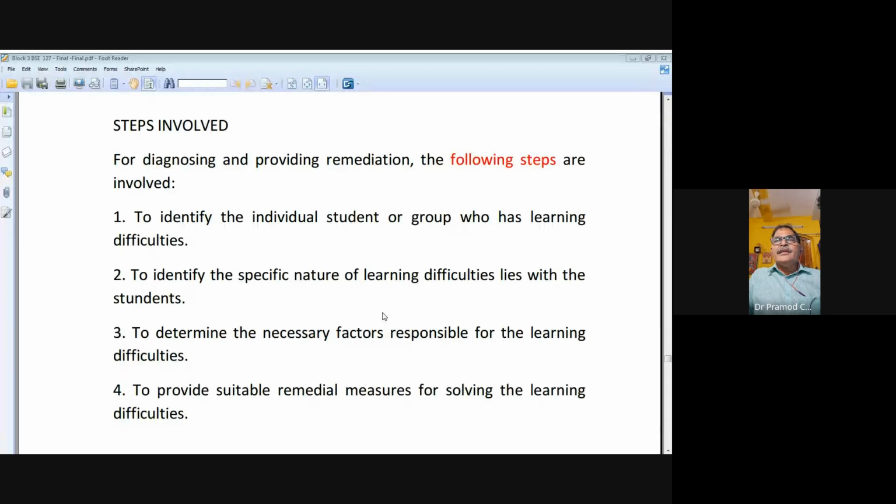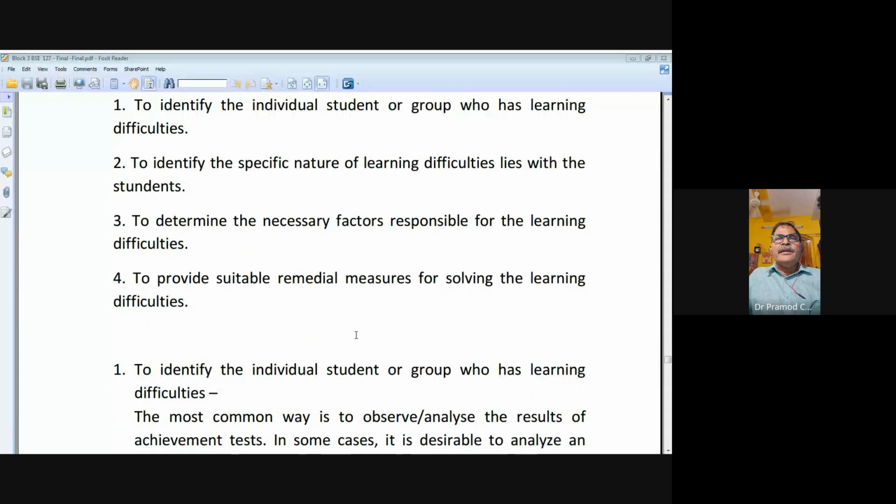So definitely in the case of the diagnostic test, we will have to take one individual or the group. We will have to select the learning difficulties and provide the scope through which we can get the idea of how to solve them.